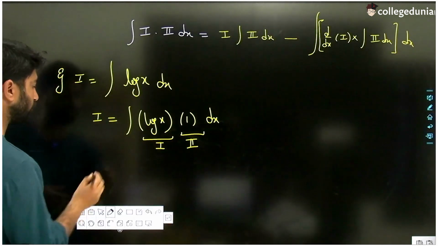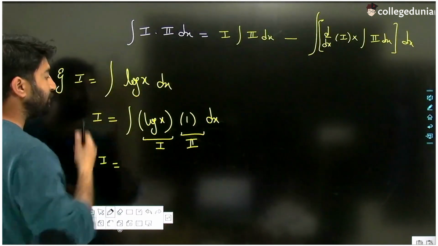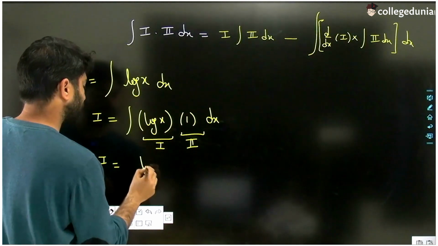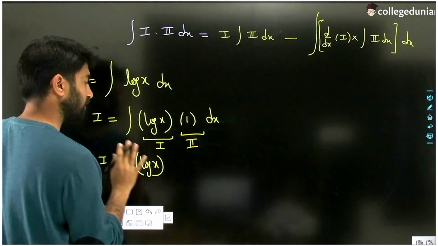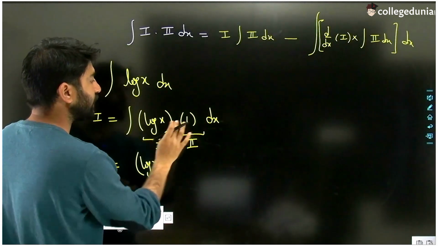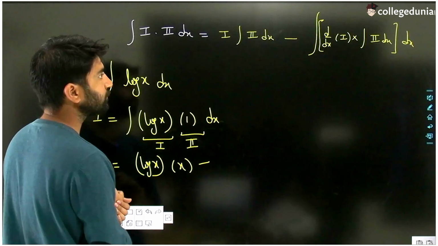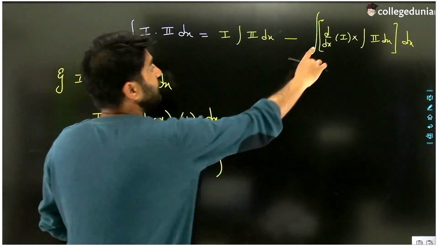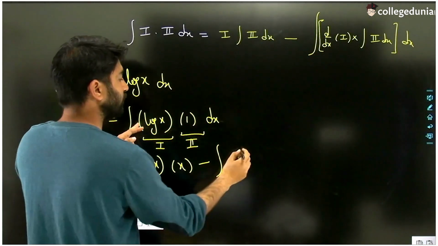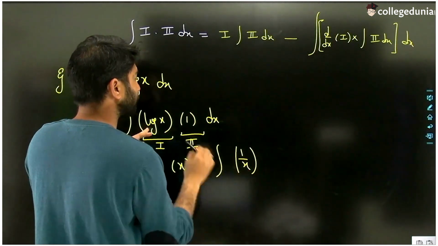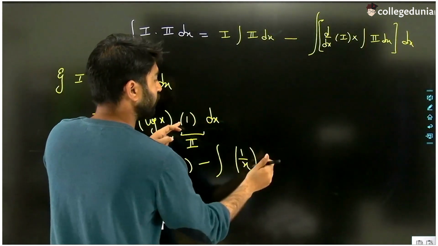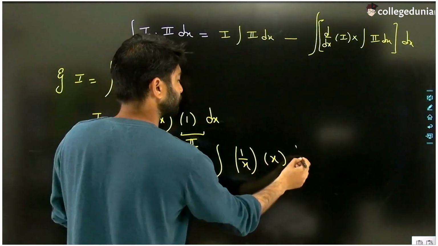Okay. So guys, according to the by parts rule, the first function is written as it is, log x as it is, then the integration of second, the integration of 1 is x, minus the differentiation of first, the derivative of log x is 1 by x, and the integration of second, the integration of 1 is x.